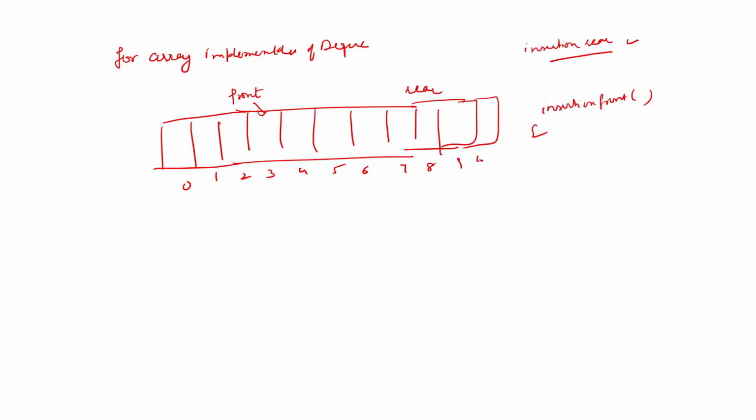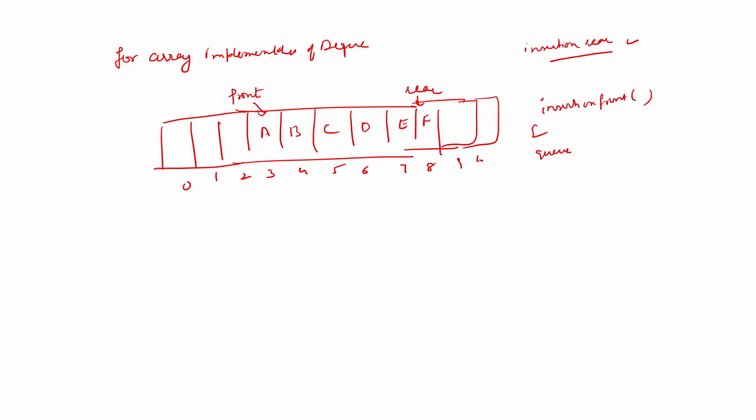Now when you are inserting a new element at the front, you have to decrement the front. The very first thing you have to check is whether your queue is not full.